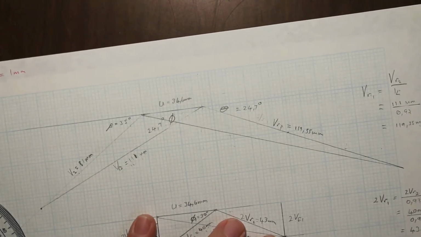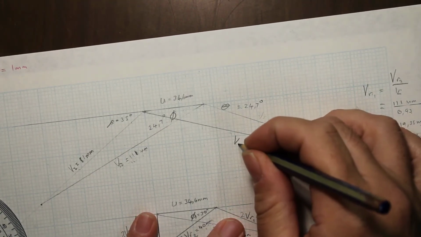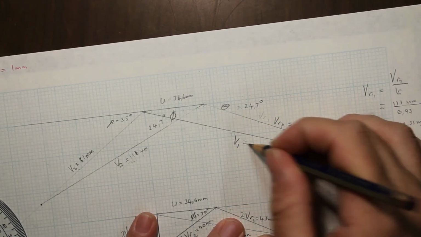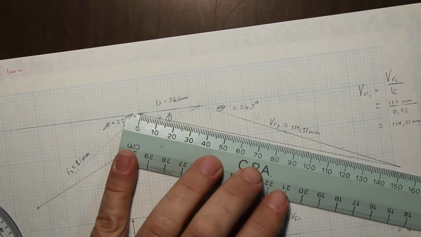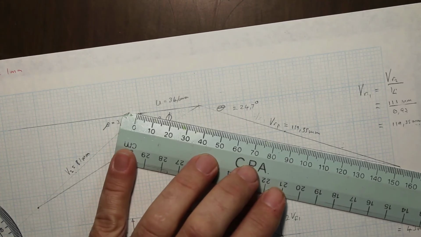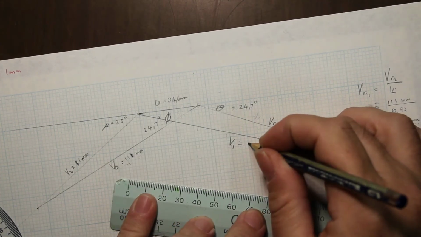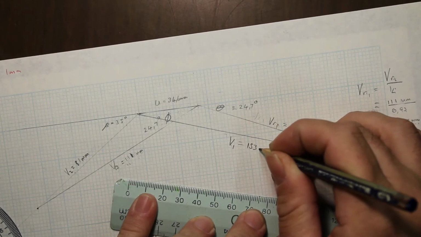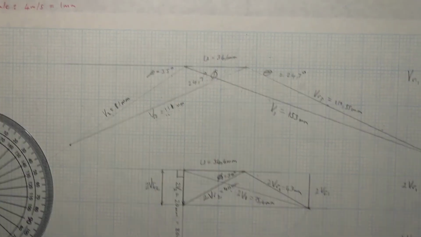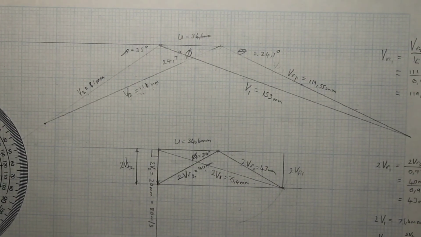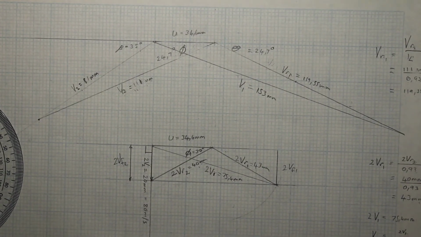That line now is the actual velocity 1. That's the inlet velocity of the steam, and we measure that to be approximately 153 millimeters. So that's how you draw the velocity diagram to scale.